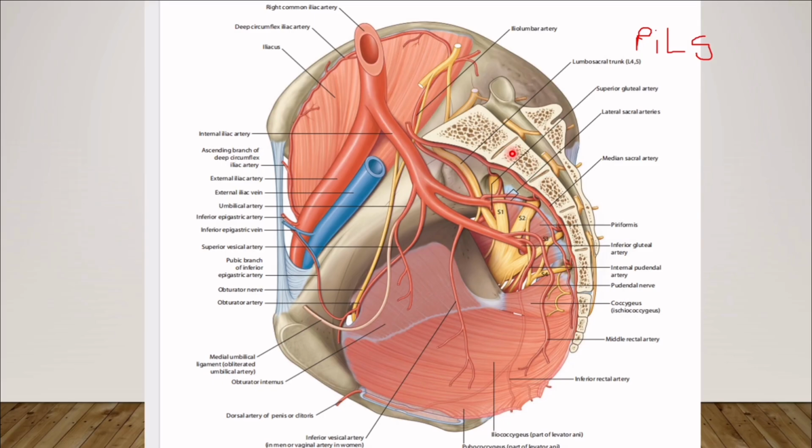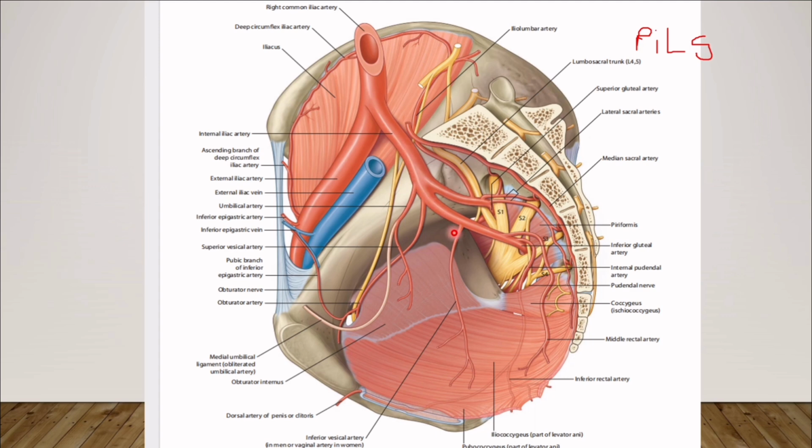Done. Then the superior gluteal artery, okay, it will exit the true pelvis via the greater sciatic foramen, and it goes to the gluteal region and supplies gluteal muscles or buttock muscles, the muscles which you sit on. Those are the gluteal muscles. Done.